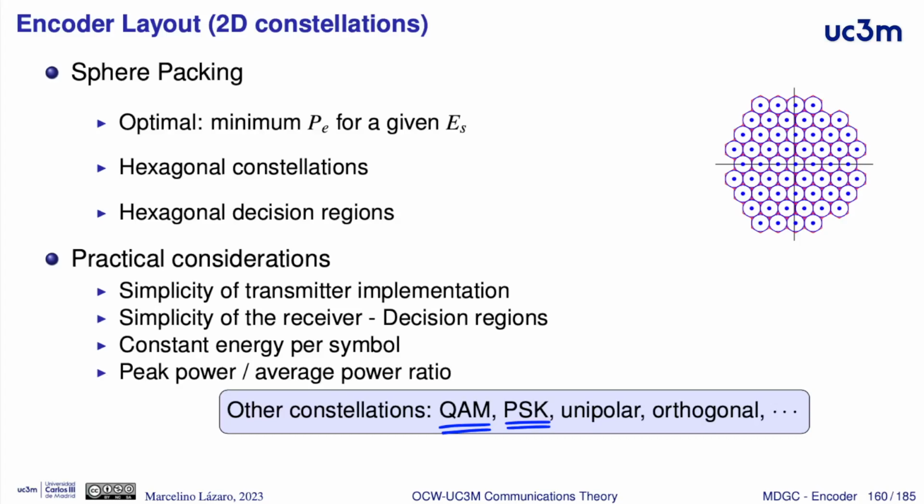Summarizing, although hexagonal constellations are optimal in the sense that they give the best trade-off between probability of error and energy, in many practical communication systems, the most common constellations are QAM constellations and PSK constellations.